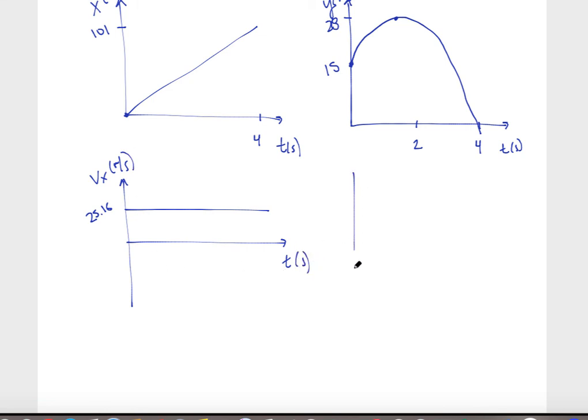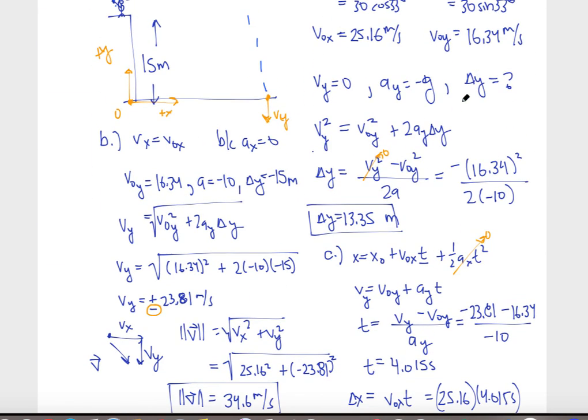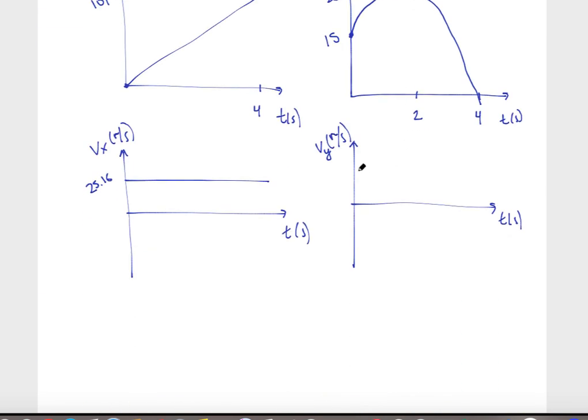Then for the y velocity, I know it should have a negative slope of 9.8 or 10. And I'm going to start with an initial velocity of positive 16.34. So positive 16.34 is where I'll begin at time 0.